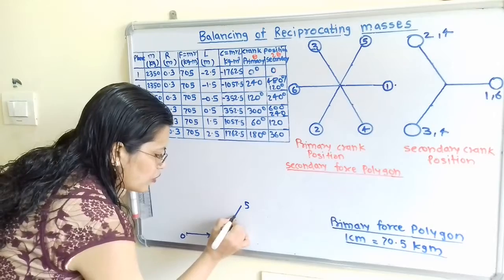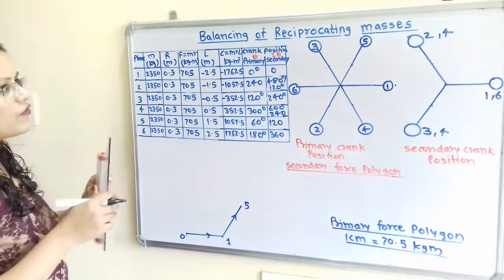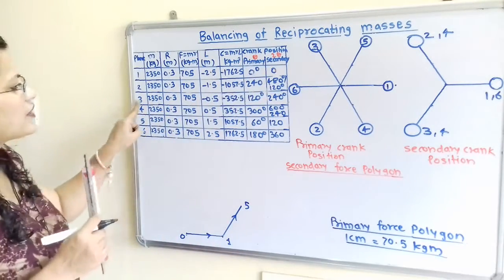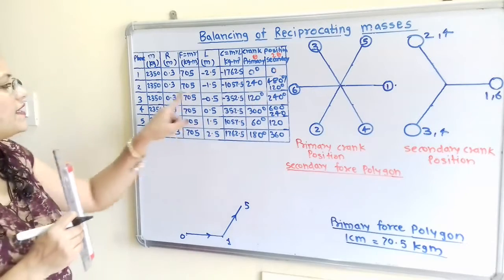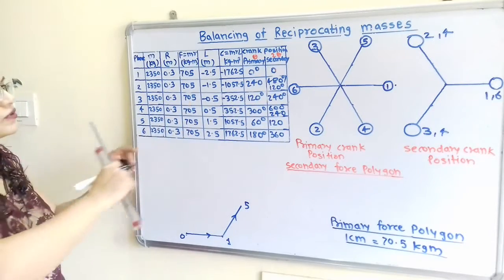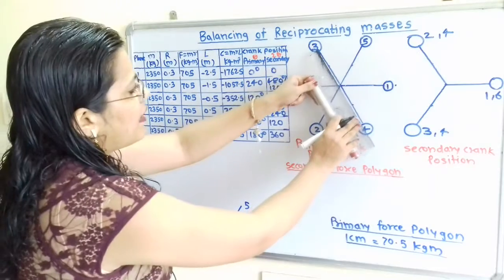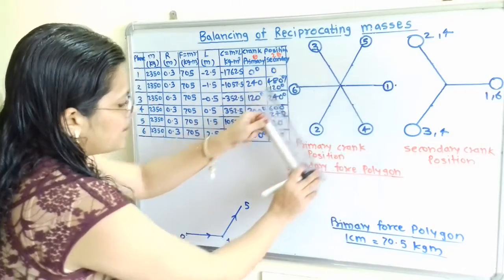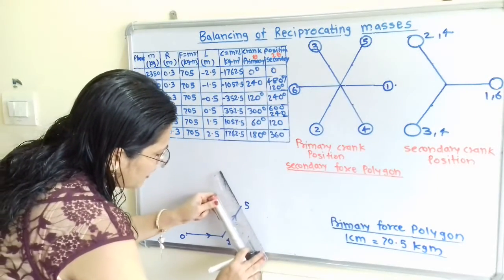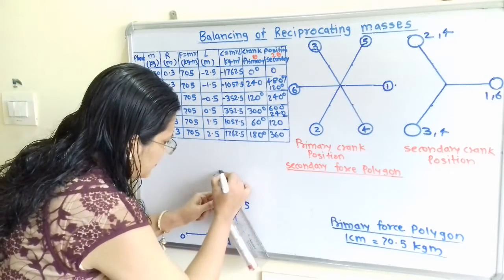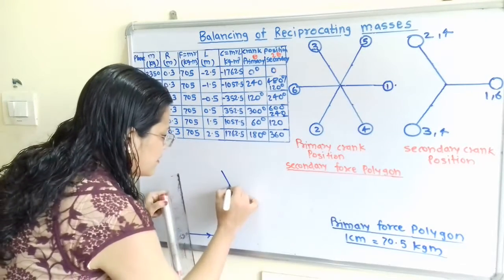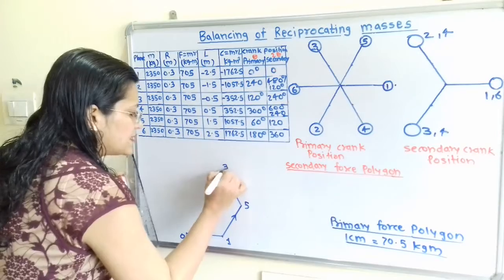We will show the arrow also. Now next one is 3. For this 3, the angle is 120 degree, and the magnitude is the same. So for 120 degree we will transfer this angle, and now we will draw one line of 10 centimeter, and here we give the next number 3.